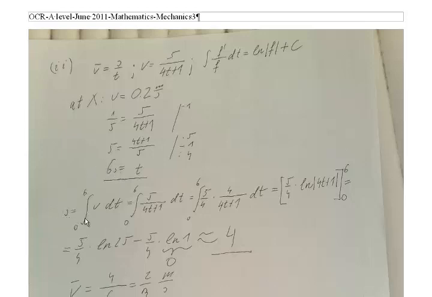s is equal to integral v dt from 0 to 6. v is equal to this expression from here, and this is good because the derivative of 4t plus 1 is equal to 4, and we can see that these are equal, and we can use this formula.